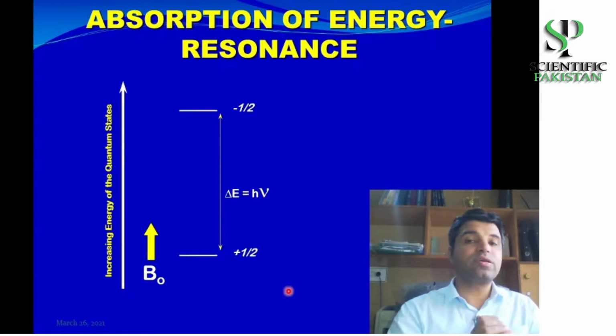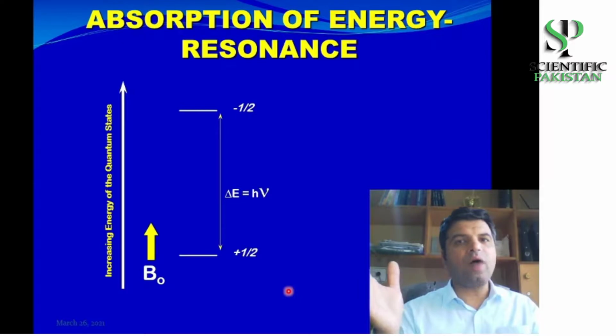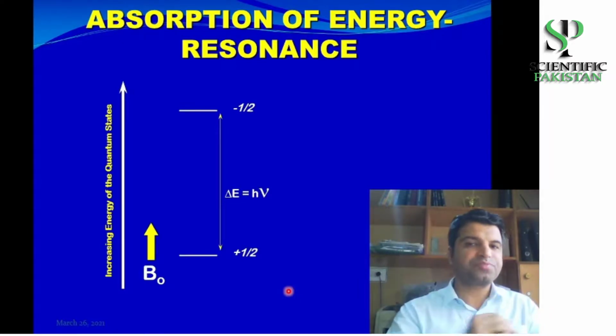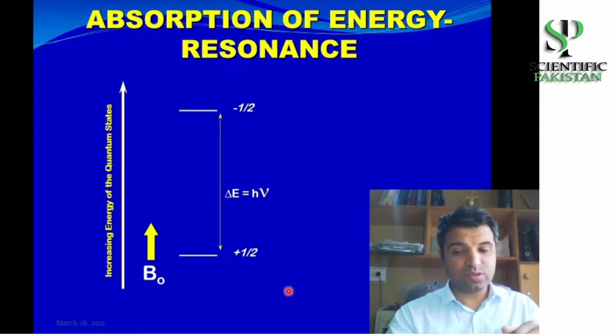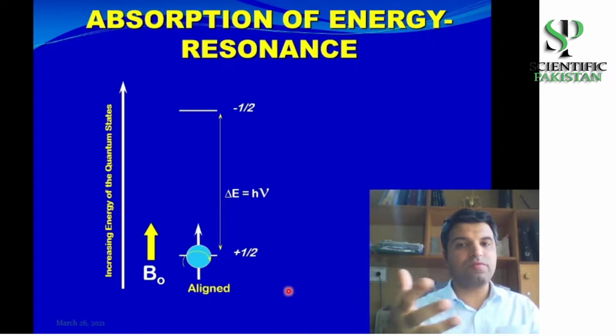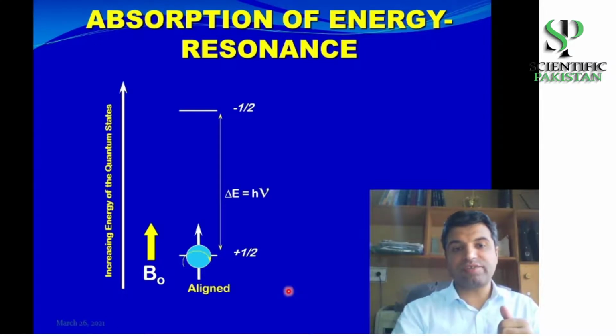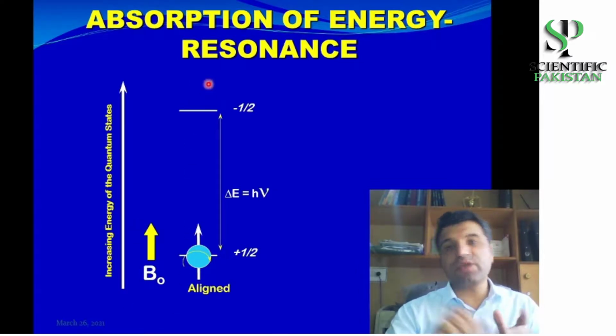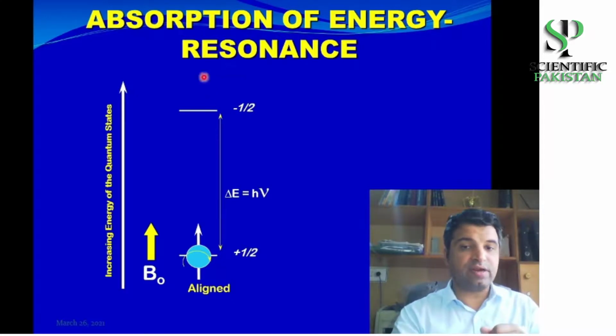All of these are the behavior of these nuclei under the influence of a magnetic field. The third word is resonance. So how would resonance take place? That is when you give it radio frequency. We have these nuclei, most of them, pointing up along the direction of B0. When you turn on the magnetic field, these nuclei arrange themselves in all possible spin states, and an energy gap is developed between the alpha and the beta state.